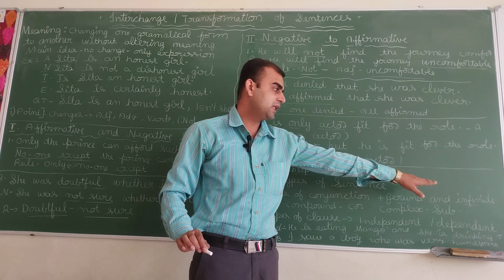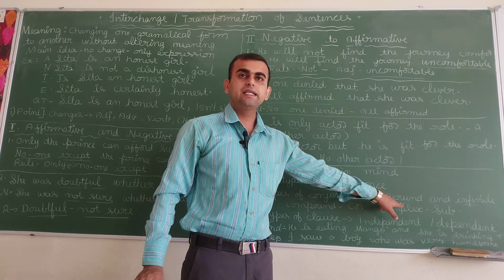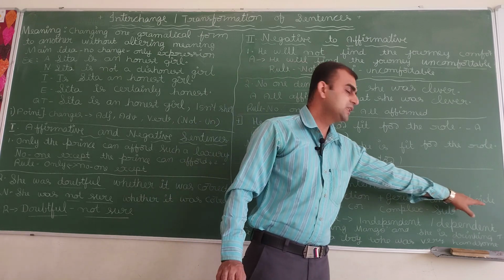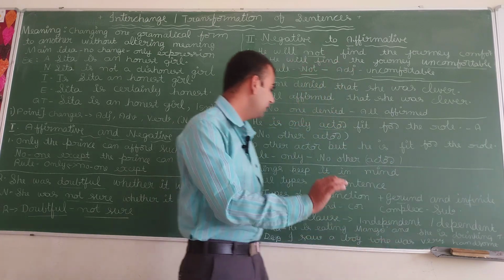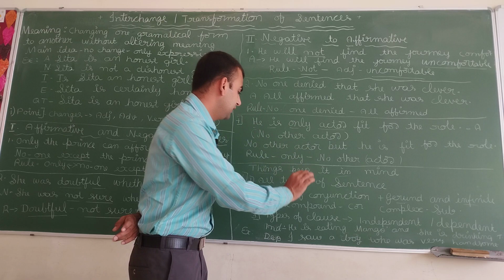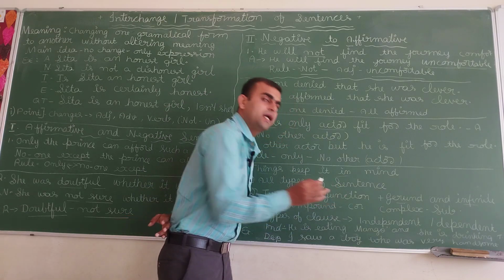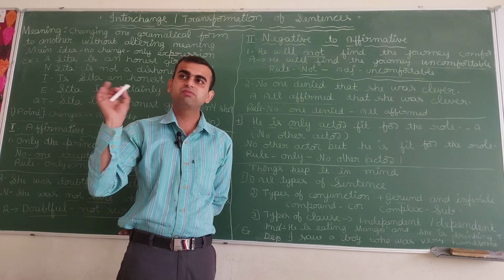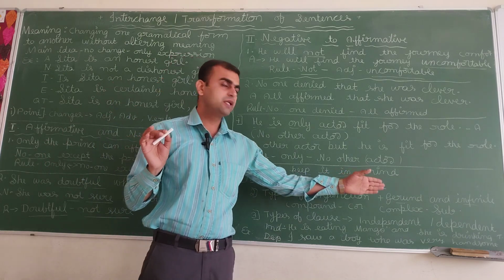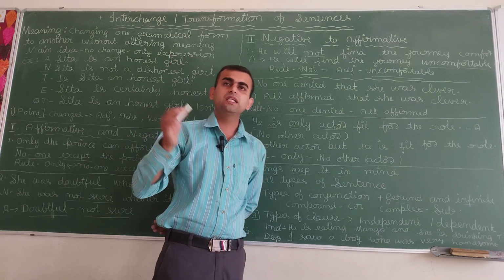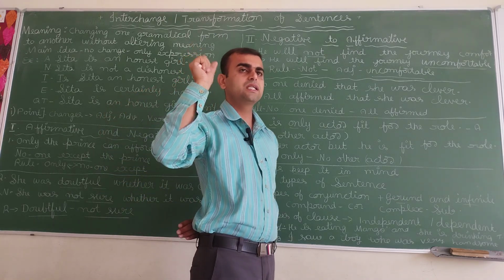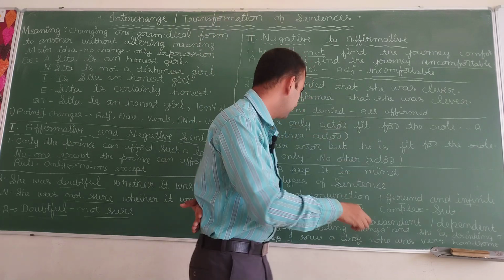What is a gerund and what is an infinitive? A gerund is the ing form of a verb, meaning we are using a verb as a noun, and an infinitive means we are adding to before the verb. Then what is a coordinative conjunction? There is a formula for coordinative conjunctions, that is FANBOYS. Then subordinative conjunction: the remaining ones all come in subordinative conjunctions, especially because, if, when, etc.